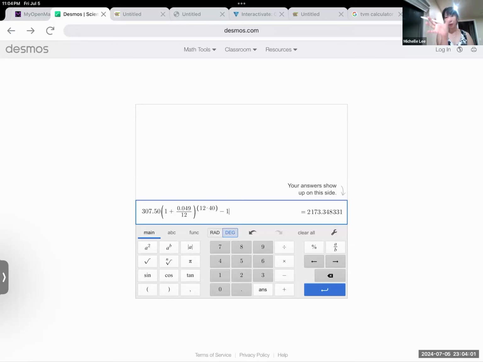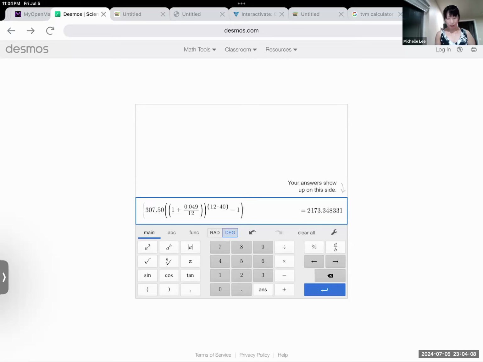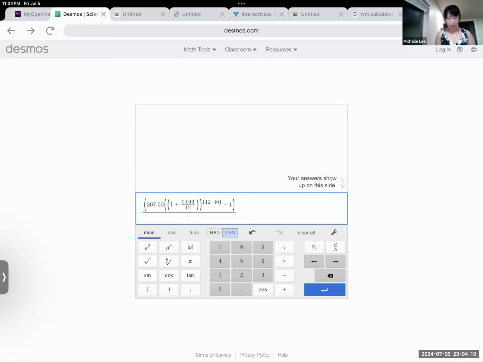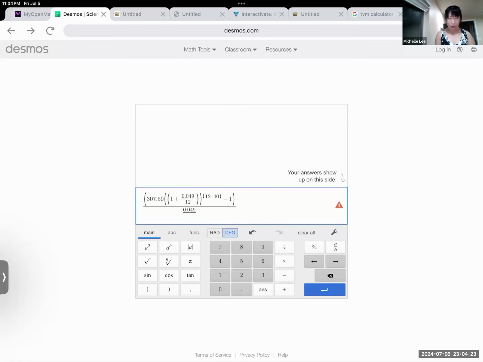I want to make a parenthesis around everything here and there. And the whole thing divided by r over m, which is 0.049 over m, which is 12, right?